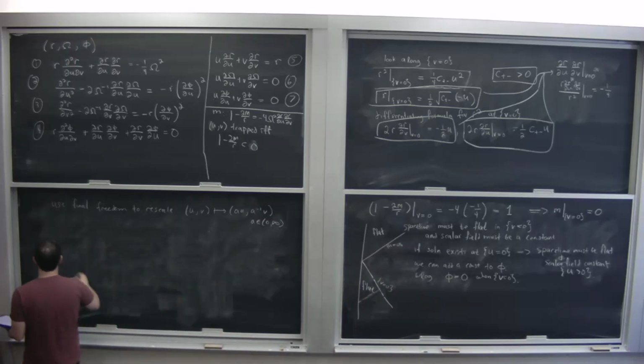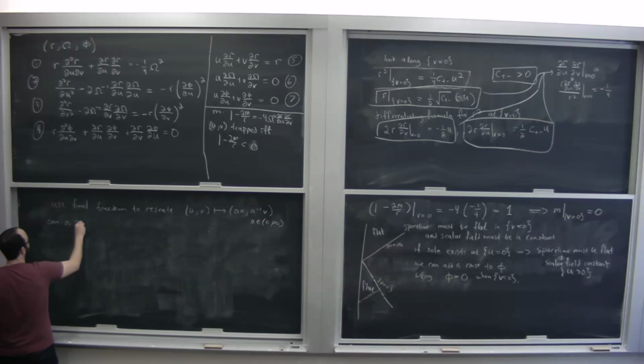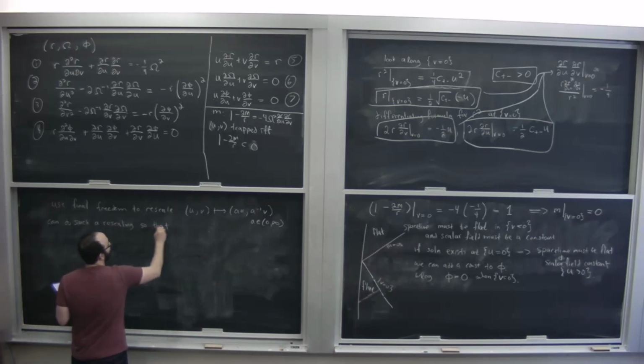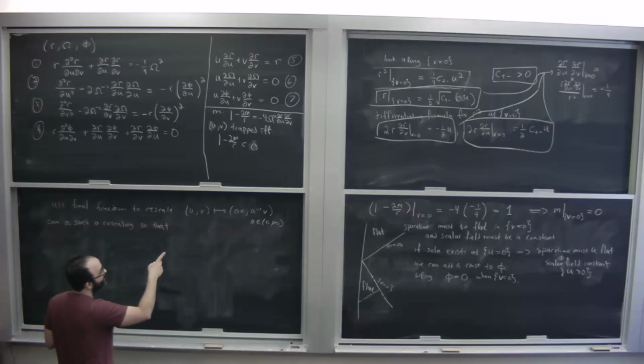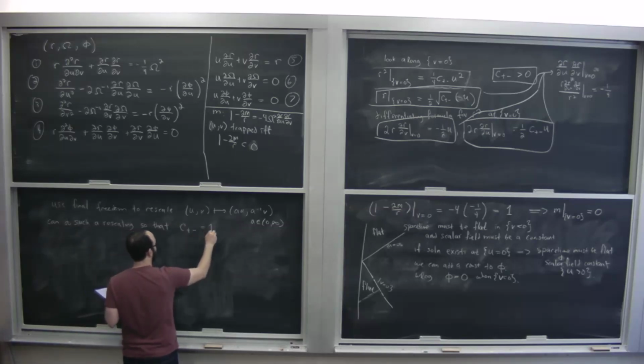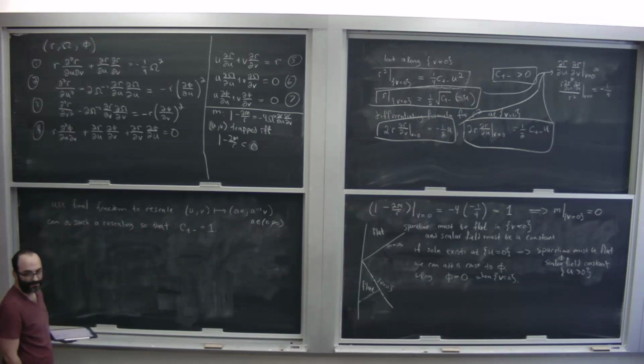And this is the formula for the rescaling, so you can see how it affects R. So I can do such a rescaling so that C plus minus is 1. But now I can't play around with my null coordinates anymore.